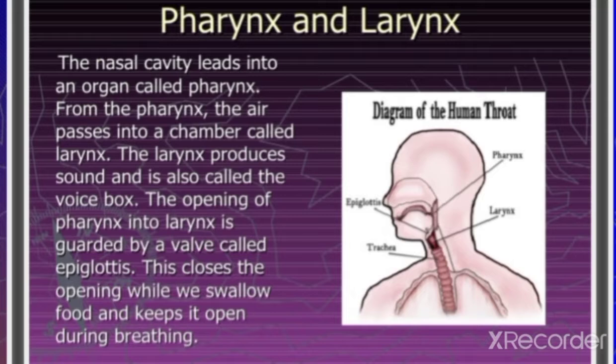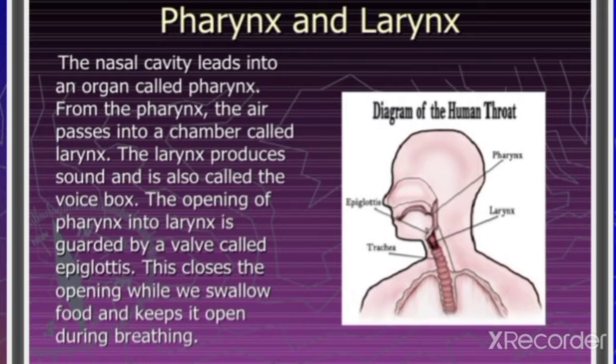And the opening of the pharynx into the larynx is guarded by a valve or flap-like tissue known as the epiglottis. Okay, valve epiglottis. This closes and opens.